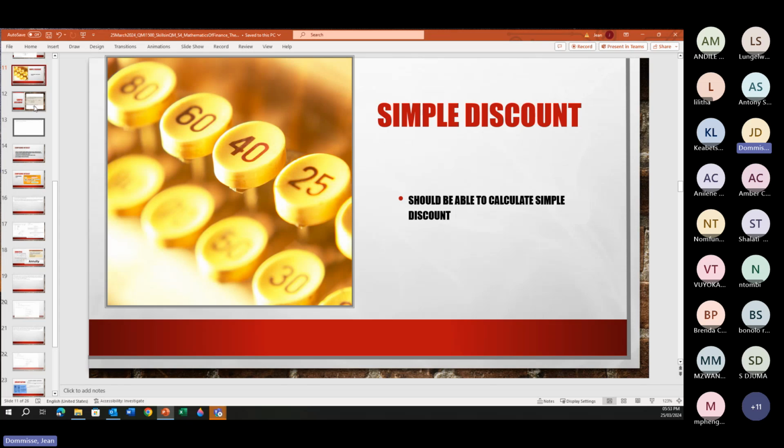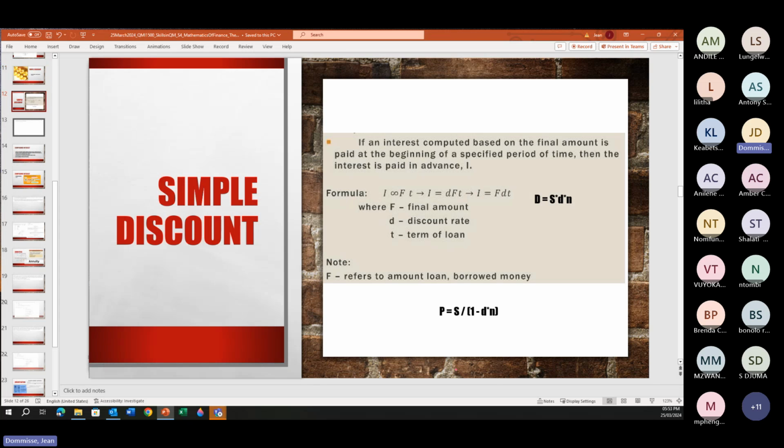So the only difference nearly is that instead of having it as a plus, we will have it as a minus. Because you're getting a discount on something, you are basically subtracting that piece of discount from the original.